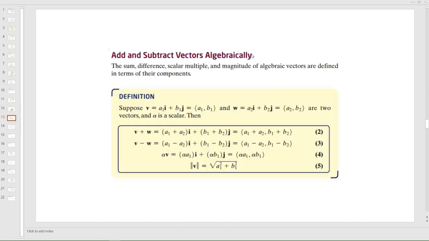Okay, once we create those position vectors that are in algebraic form, say they all start at the origin, and we've got two ways of looking at it. We can look at it like this, or we can look at it like this. So let's say we've got two different vectors, v and w, and if I want to find the sum vector of v and w, I can just take their two components and add those parts together. It feels and looks just like we're combining like terms in algebra. That's really what this looks like.